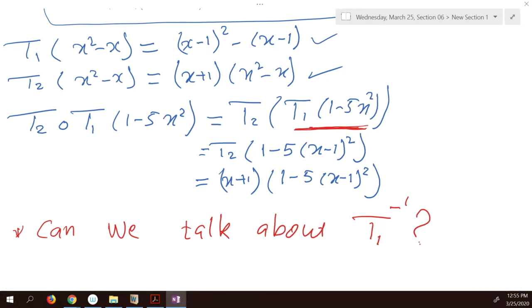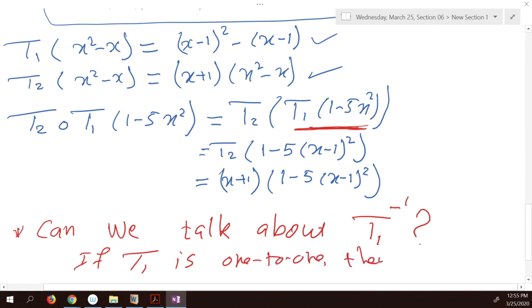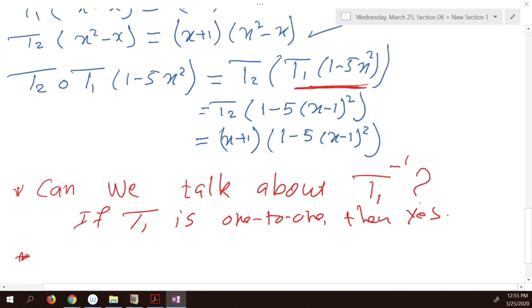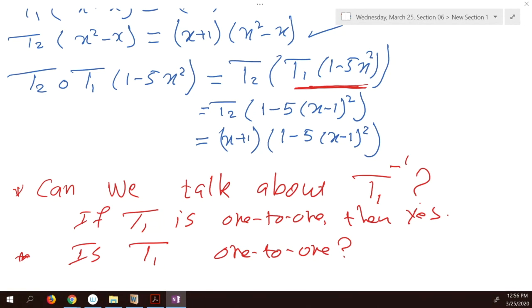Okay, so if T1 is one-to-one, then yes. Now the question is, is T1 one-to-one? So now the first question took us to a second question. Is the linear transformation T1 one-to-one?